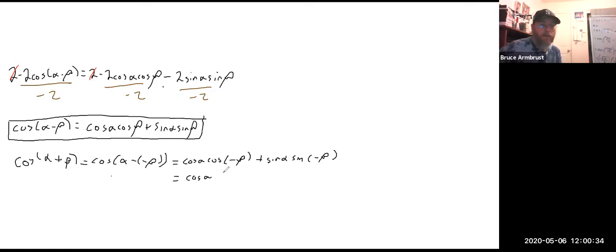Don't know if you remember this, but cosine is an even function. Even function means that when you plug in a negative, you get the same thing out as if you put in the positive. So this cosine of negative beta turns into a cosine of just regular beta because cosine is even.